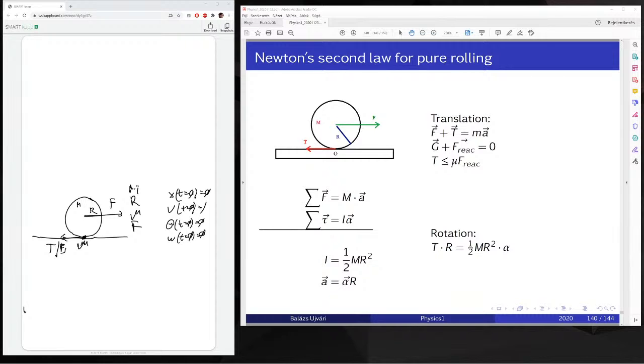Opposite to the situation when this is an icy road, and even if you block your wheel, so the angular velocity is 0, this point will move since the whole car or whole bicycle can move in a translational motion. No rotation, only translational motion. Pure rolling means this is a static friction and not a kinetic friction.